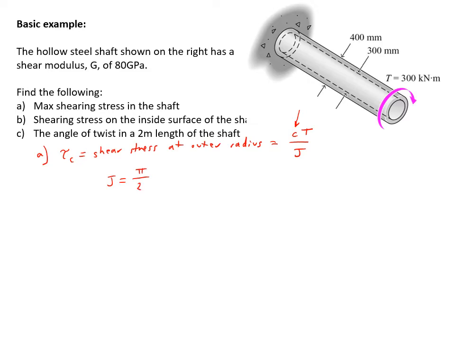For a hollow circular shape, it's going to look like pi over 2 times the outer radius to the fourth minus the inner radius to the fourth.